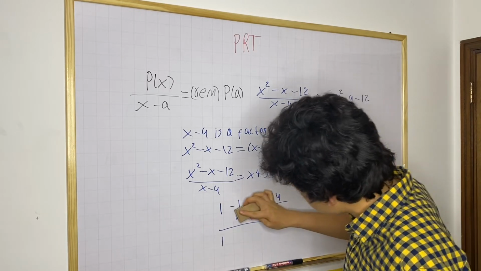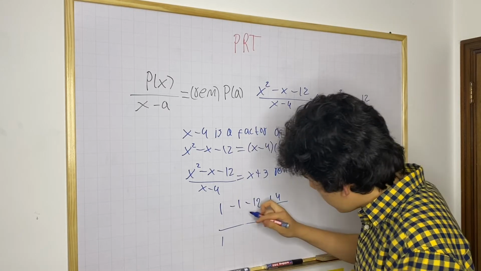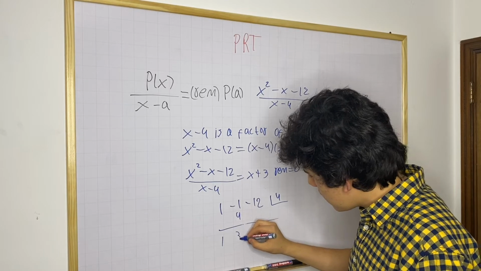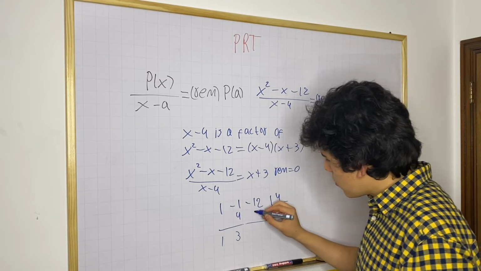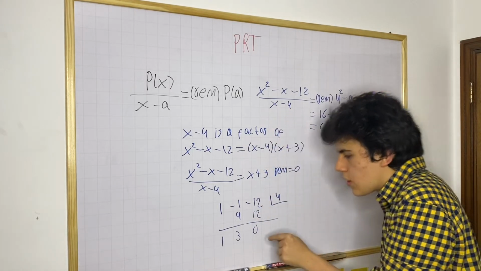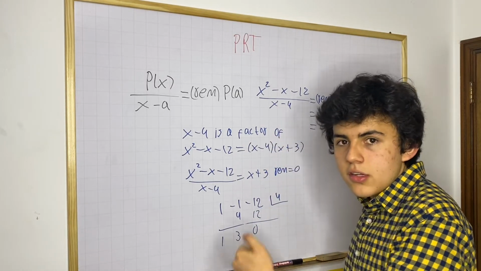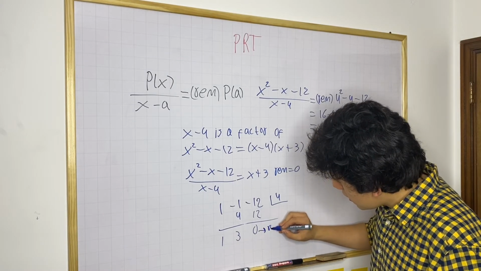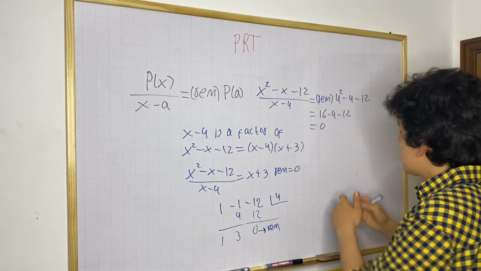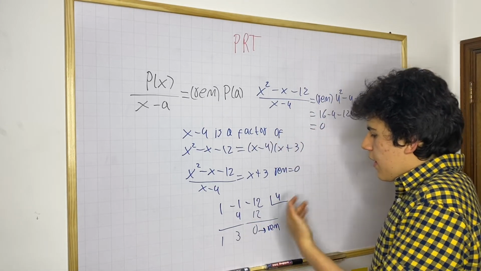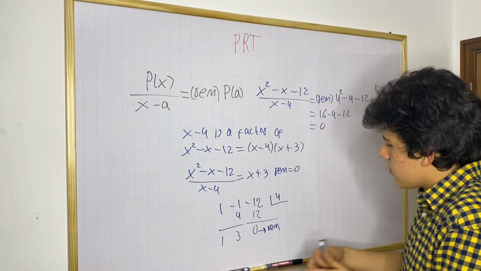And now negative 1 plus 4 is going to be 3. 3 times 4 is 12, and we get 0. Remember, if we have a linear term, our last number is going to be our remainder. And in this case, our remainder is equal to 0, which proves that this theorem is correct.